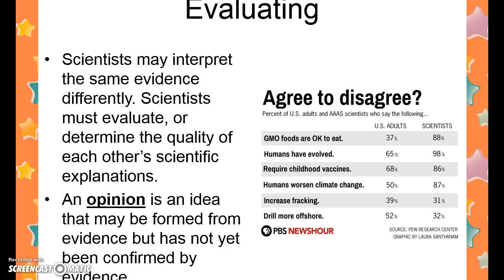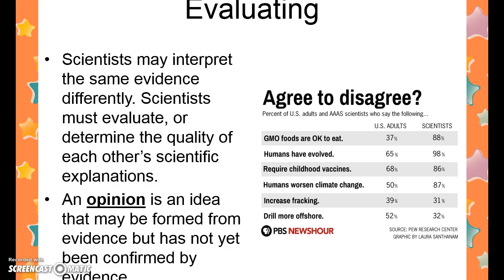As a scientist, maybe they have different evidence to support their opinion. Humans have evolved. Only 65% of adults believe in that evolution, whereas 98% of scientists do. Only 68% of U.S. adults said that children should have to have vaccines, whereas 86% of scientists do.